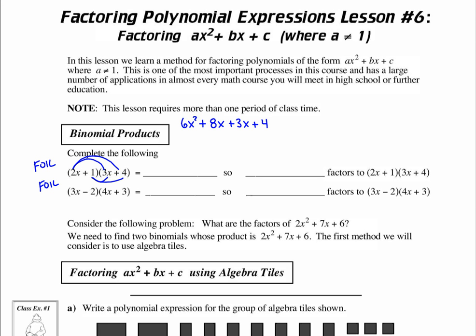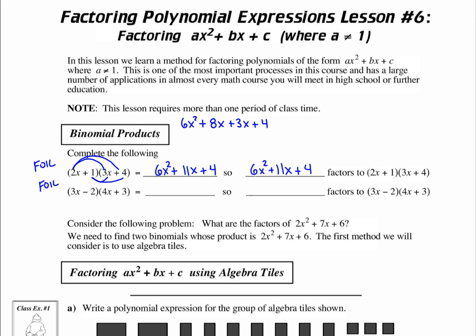So what does that simplify to? 6x squared plus 11x plus 4. Okay, so that would mean that 6x squared plus 11x plus 4 factors to 2x plus 1 and 3x plus 4, right?